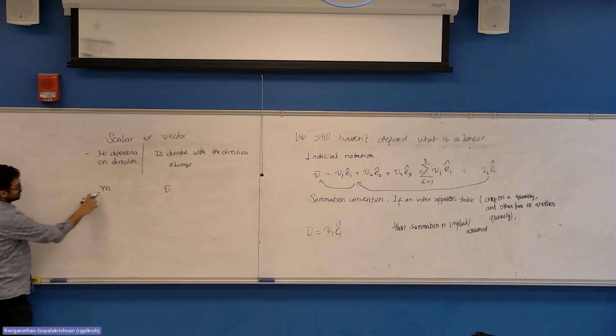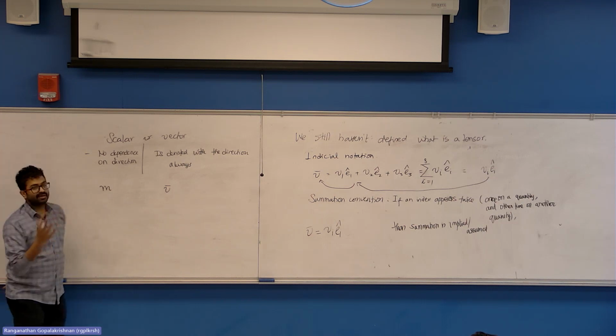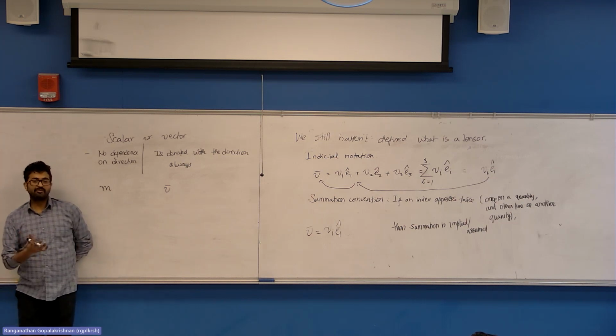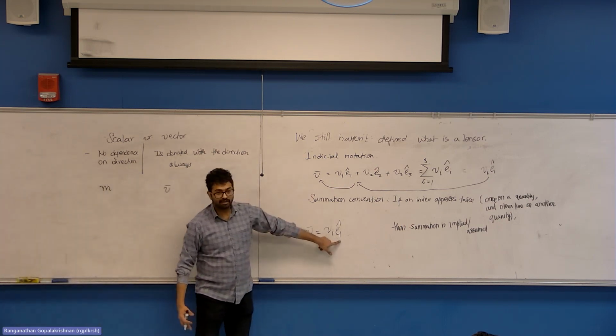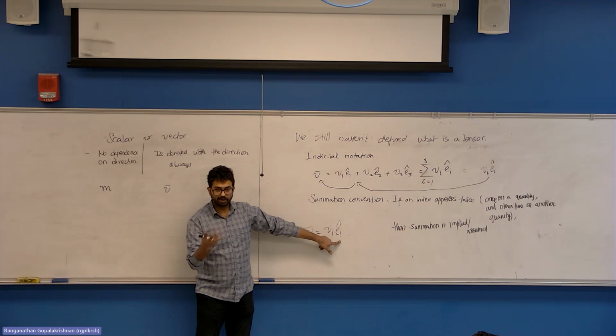So when we write a scalar m, or when we write a vector, say velocity v, we know that m is just a single number. If you just have a single number, there is no need for you to have an index associated with it. Why? What do the indices denote? They denote directions. You sum over 1, 2, and 3, the three directions.